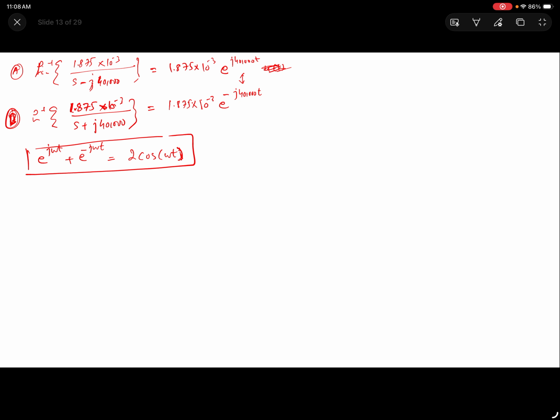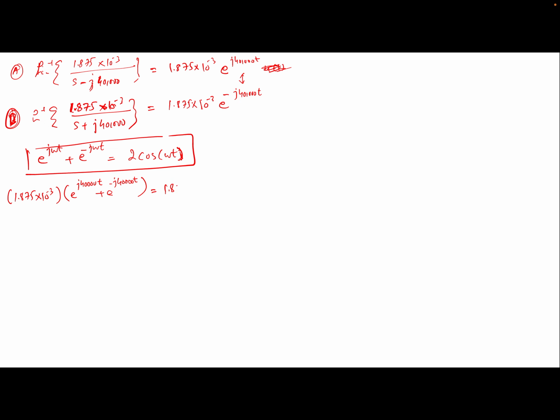Using that, my A and B terms are 1.875 times 10 to the power minus 3 times (e raised to power j40,000 t plus e raised to power minus j40,000 t), which equals 1.875 times 10 to the power minus 3 times 2 cos of 40,000 t.